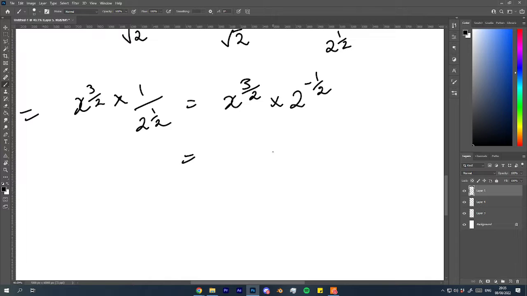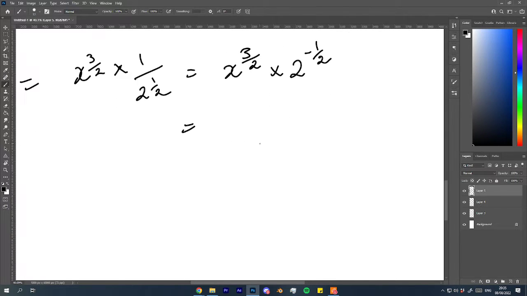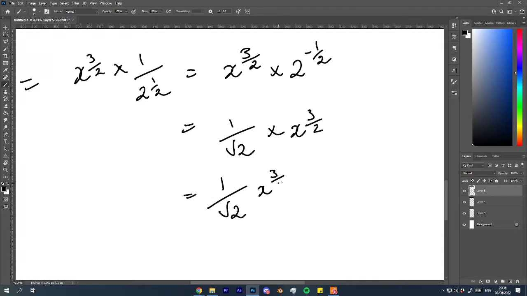We can multiply them together, or we can keep them separate. It doesn't really matter. I'm gonna just change it back into a root like this. I think it's just nicer to work with. This becomes 3/2. This is the same thing as, like that.